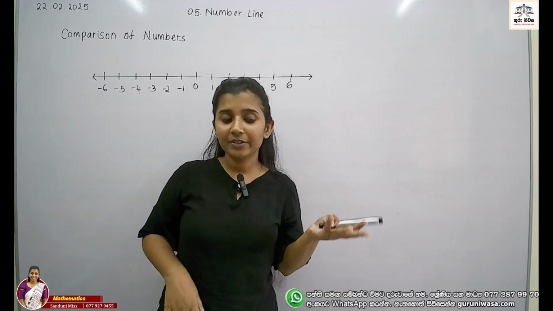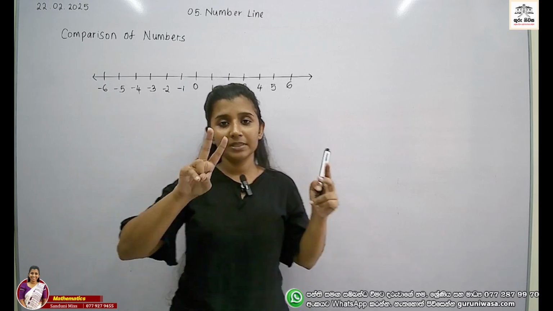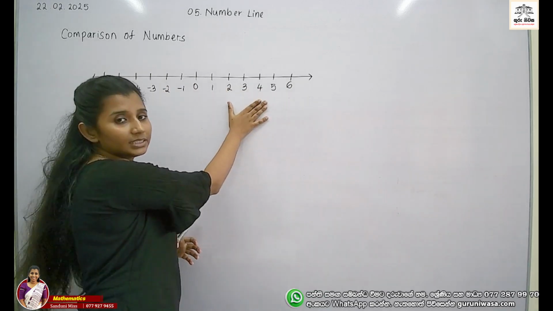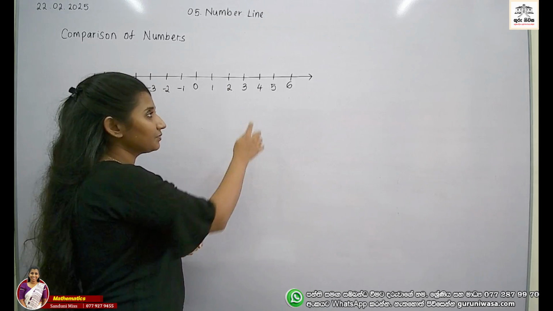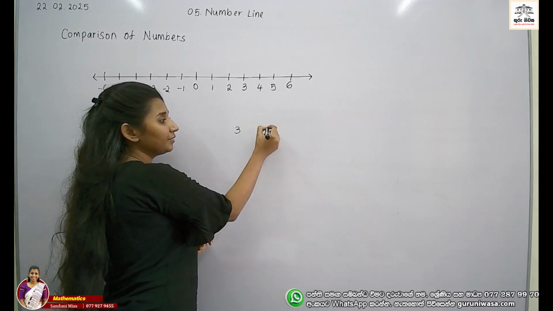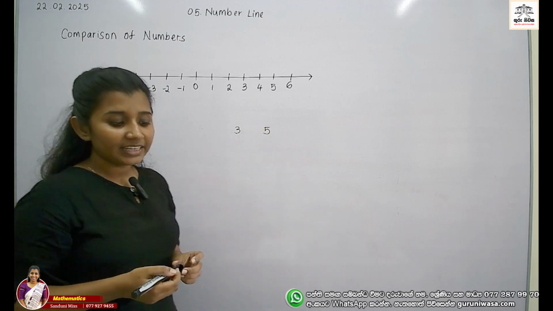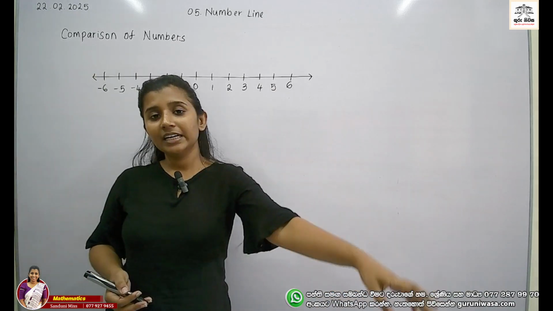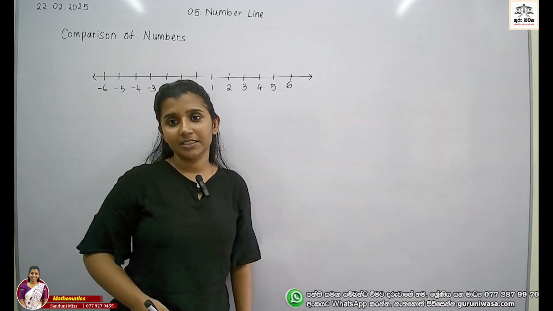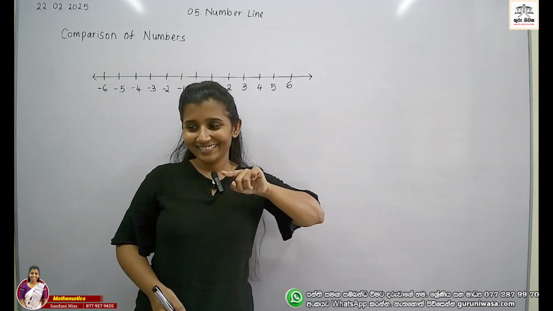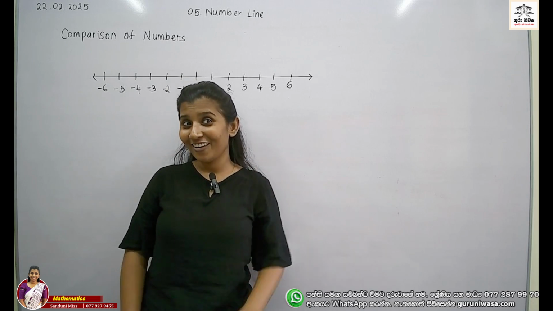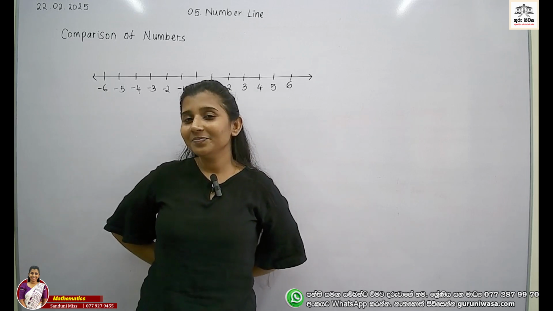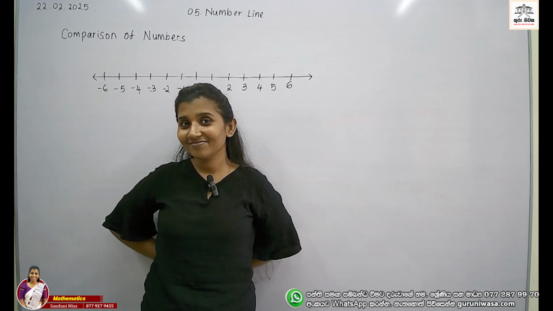So now we are going to compare, darling. Comparing means you have to find which number is greater and which is lesser when the numbers are given. You know how to check the positive. If I give you numbers 3 and 5, you know that 5 is greater than 3. Right? So how do you represent it? What are the symbols you represent it with? Arrow. Not arrow, but it looks like an arrow.